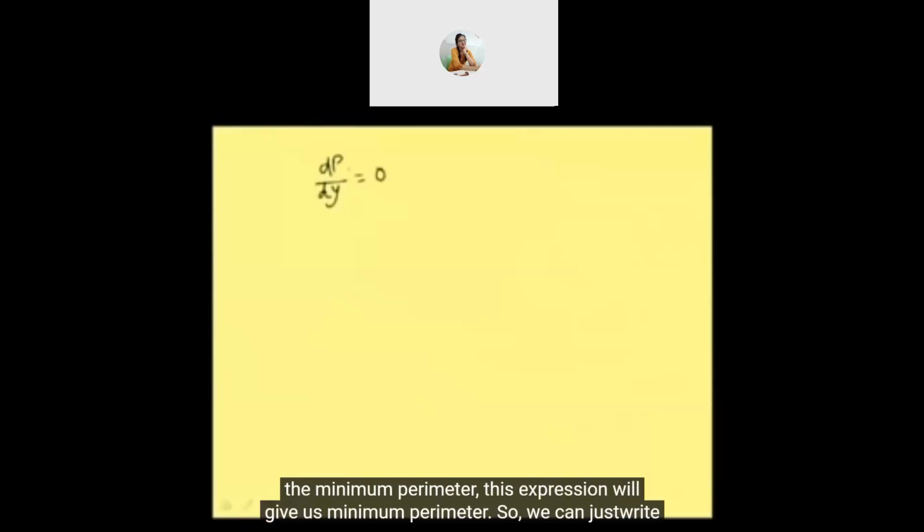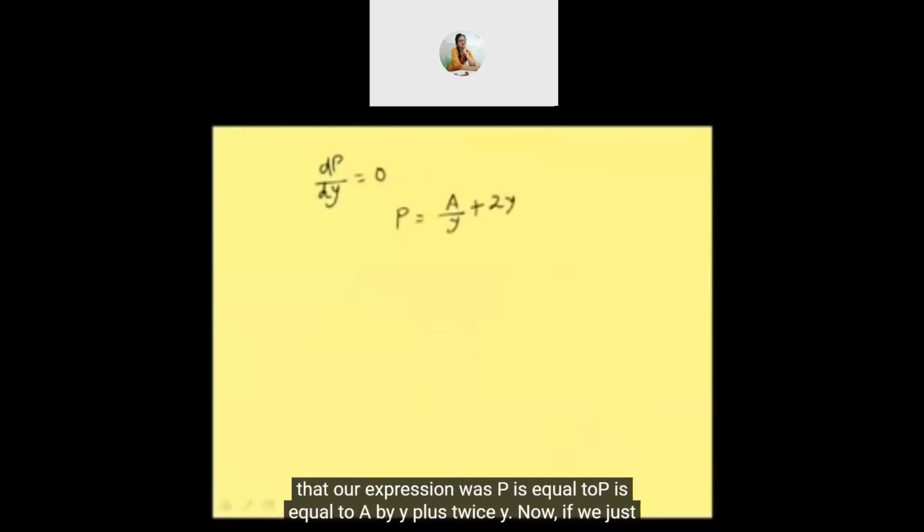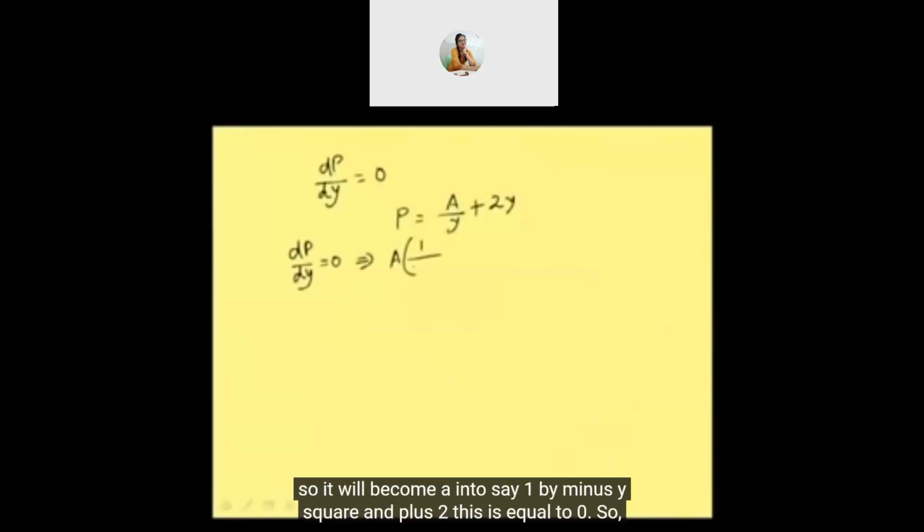So our expression was P is equal to A by Y plus twice Y. Now if we use that concept, dP by dY is equal to 0 implies that, A being fixed, A into 1 by minus Y square, plus 2, is equal to 0.